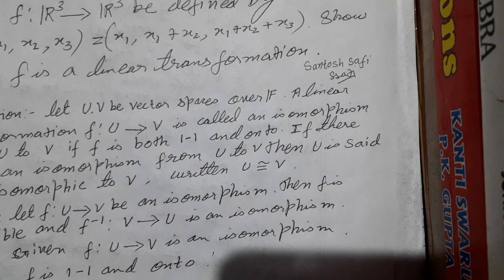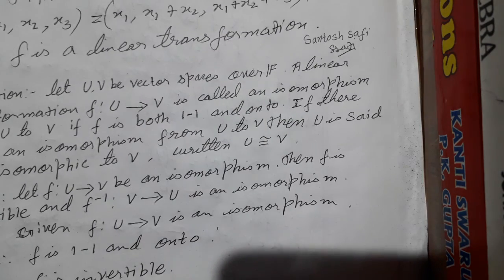So if we can find any mapping from one vector space to another which satisfies these three conditions, that is, first it should be a vector space homomorphism, second it is 1-1, and third it is onto, then these two vector spaces will be isomorphic to each other.